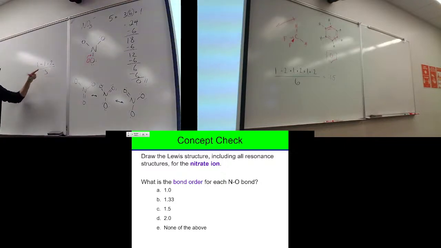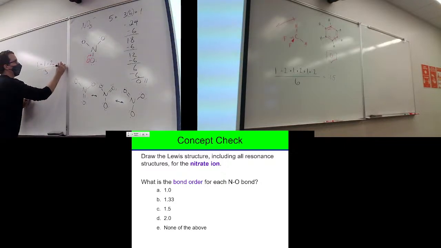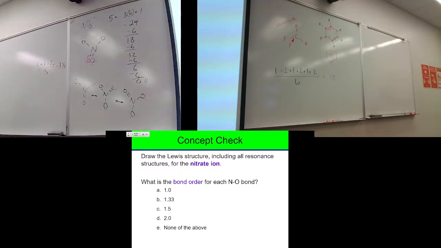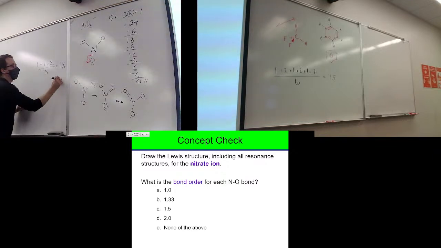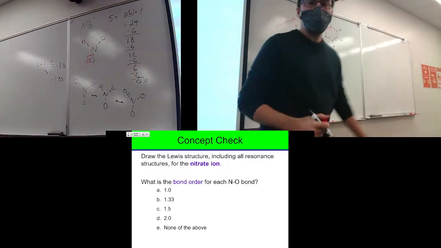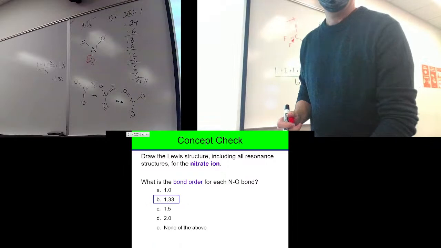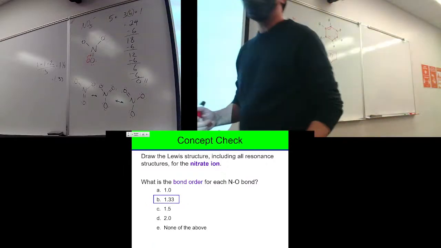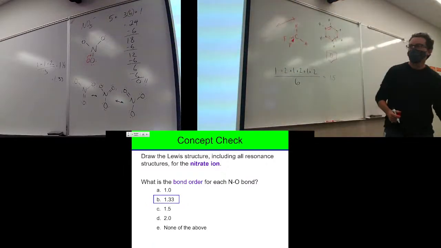So 1 plus 1 plus 2 is 4. 4 thirds, which is 1 and a third. Or 1.3, whatever you want to say. Same thing. So there it is. The bond order of the nitrogen-oxygen bond in nitrate is 1.33, 1 and a third.